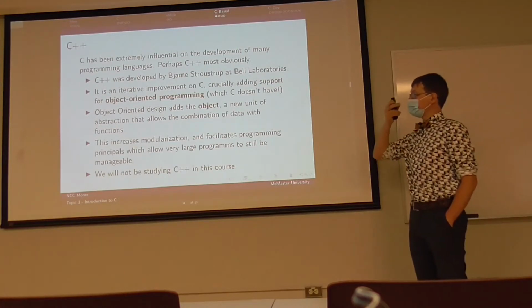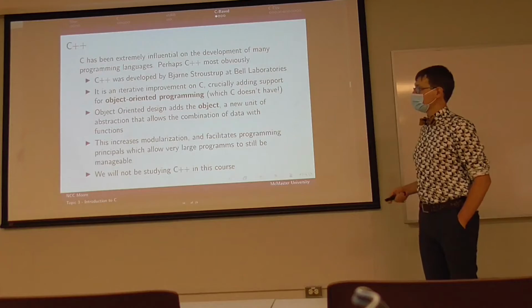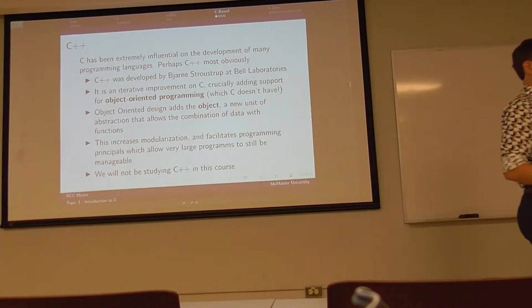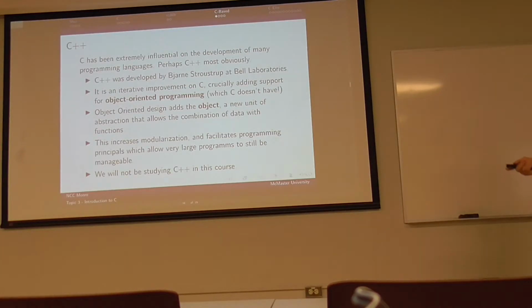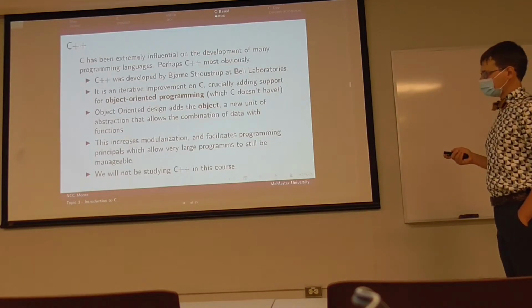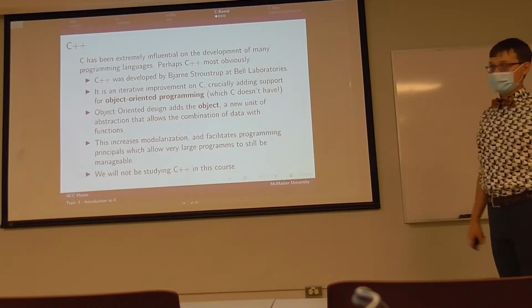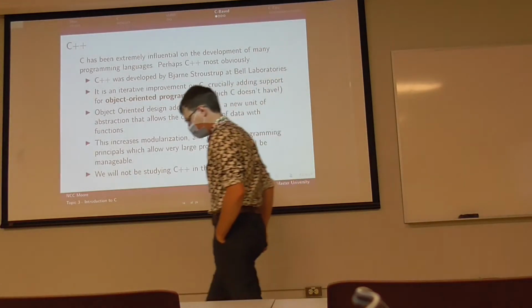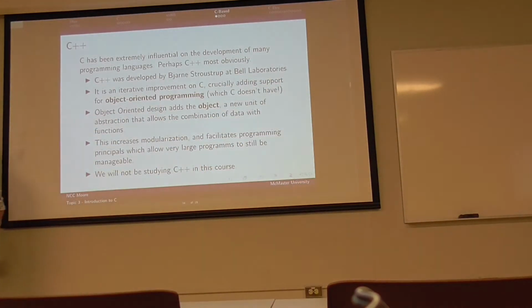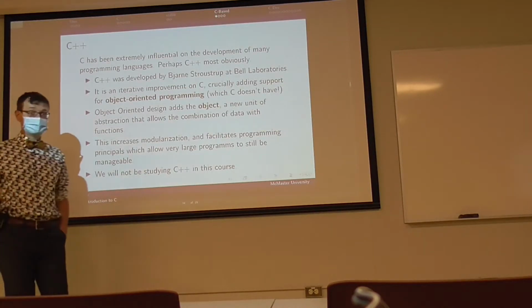It is an iterative improvement on C, crucially adding support for object-oriented programming, which C doesn't have. The name C++ is derived from the increment operator. In C, if you wish to add 1 to a variable, you do not have to type x += 1. You can simply write x++.